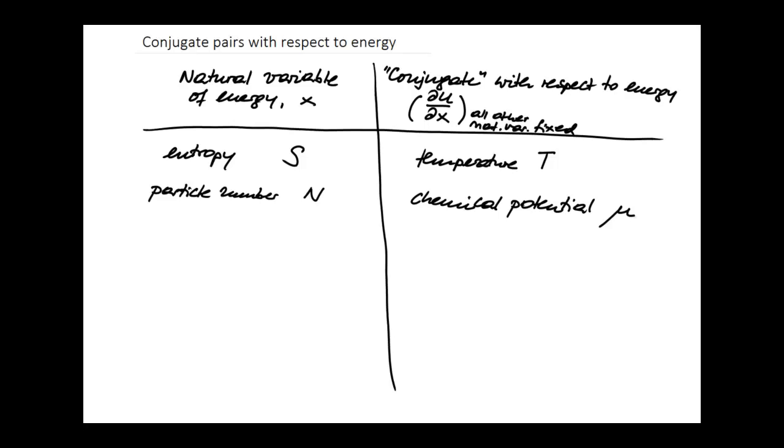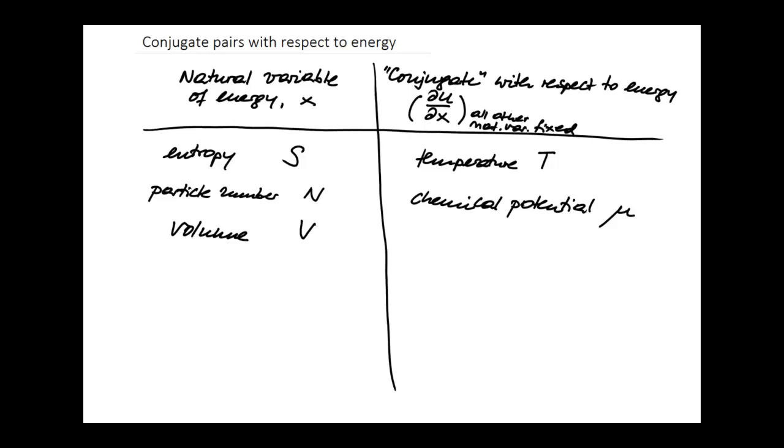Another natural variable that both entropy and energy often depend on is the volume. The volume is typically of the type external control parameter. You have a system in a container and you can vary the volume of this container.